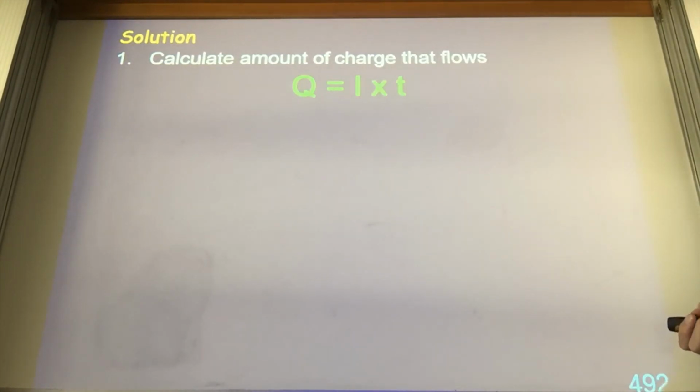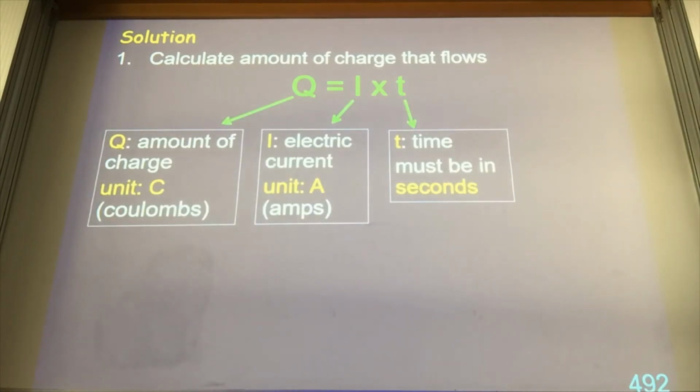Q equals I times T. Again, it's in your data book if you don't remember. So the charge in coulombs is the current measured in amps times the time in seconds. Don't forget to always turn your time into seconds. So in this case, what have we got?